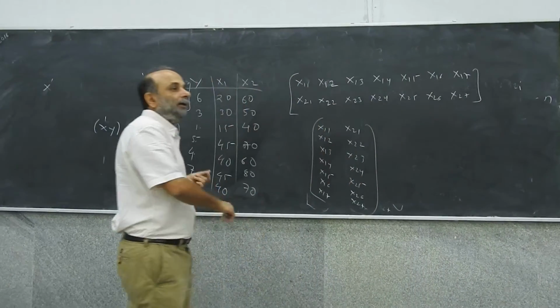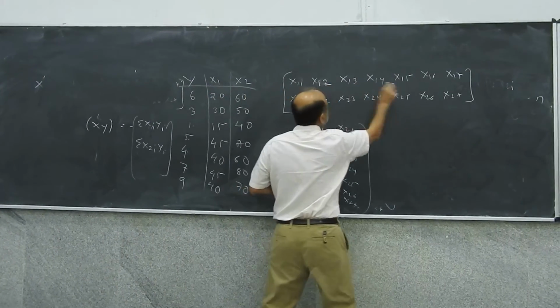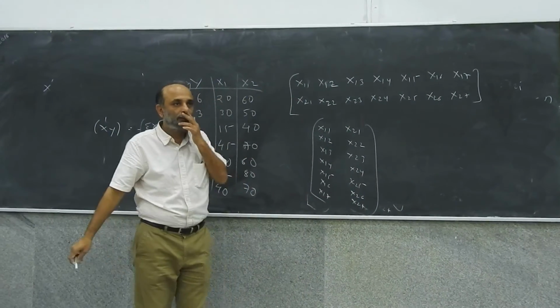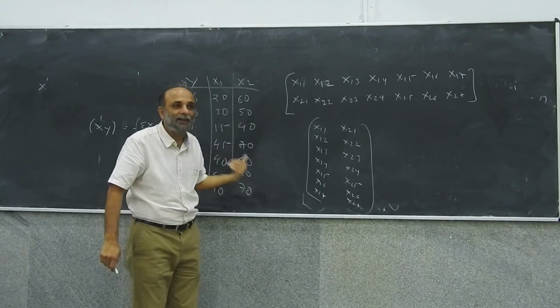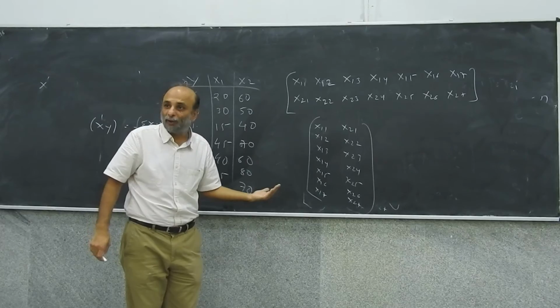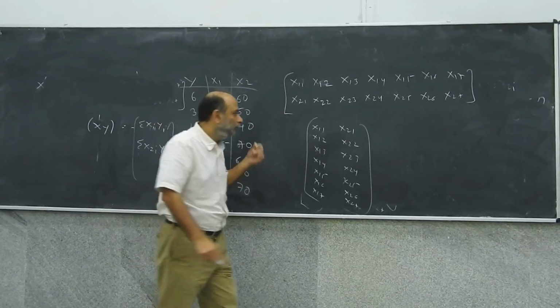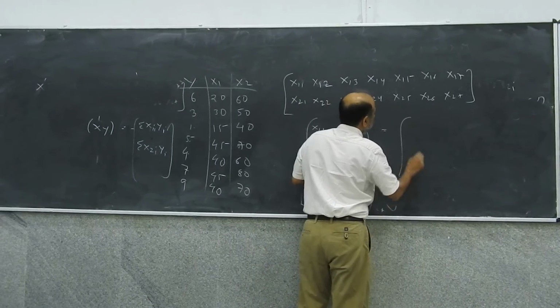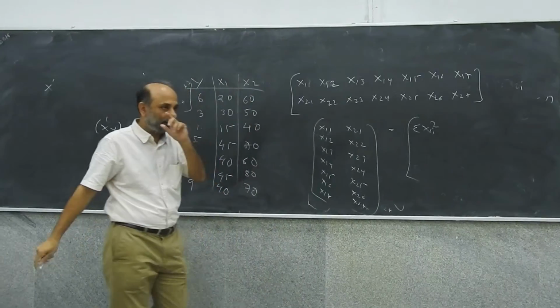Okay? Right. So now, let me multiply. So into this, what do you have? x11 square plus x12 square plus x13 square plus x14 square plus x15 square and so on. So you get summation x1i square, right?